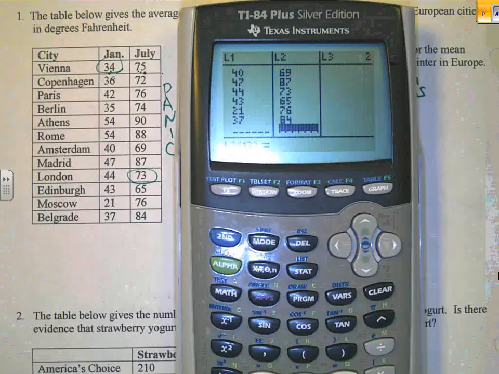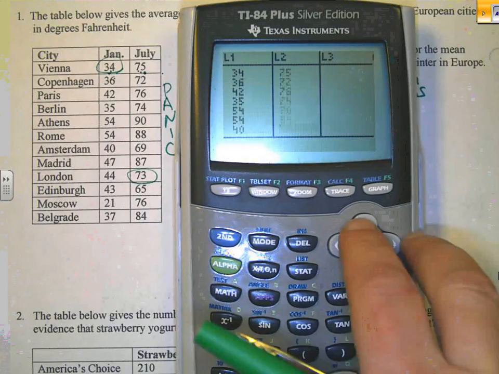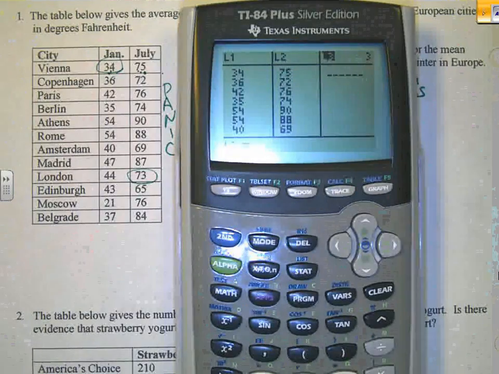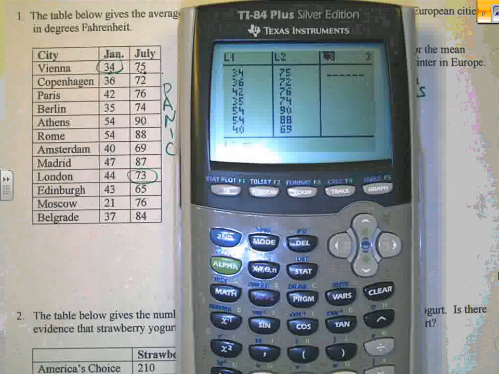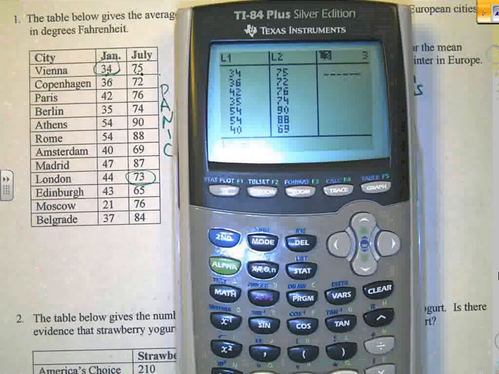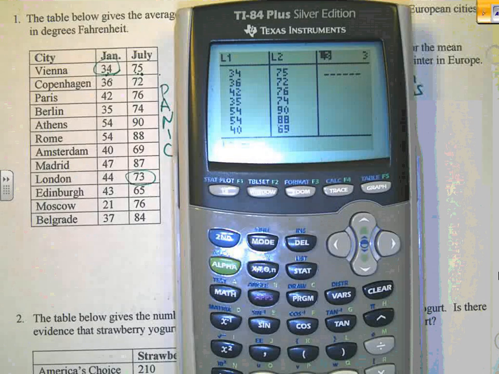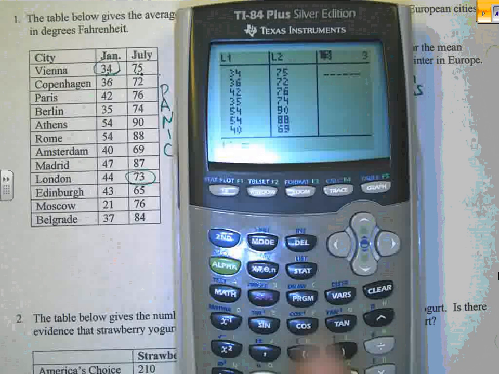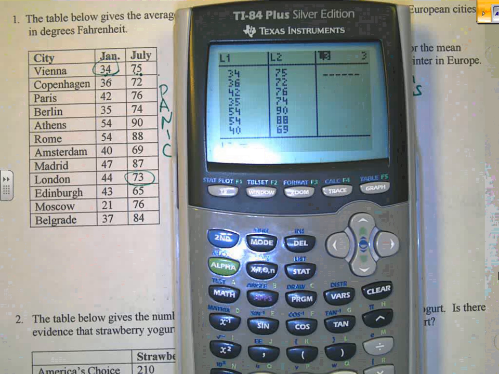Okay, so once you have these all in L1 and L2, we're going to create a new list, L3, where we subtract the two. So you can either go through and subtract each one. You don't want to do that. Or you just type in, okay, we can do L1 minus L2 or L2 minus L1.